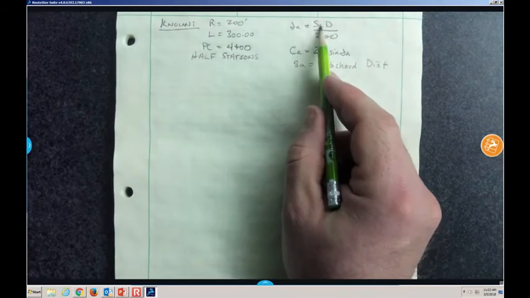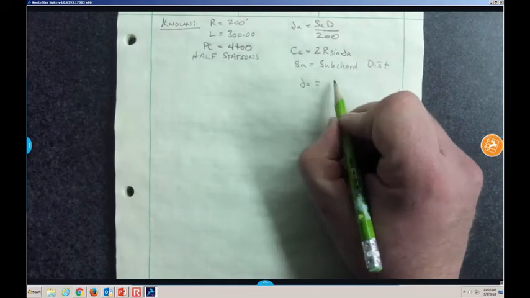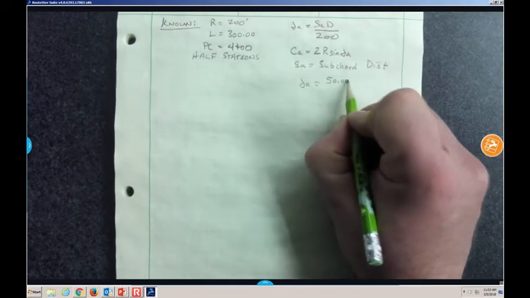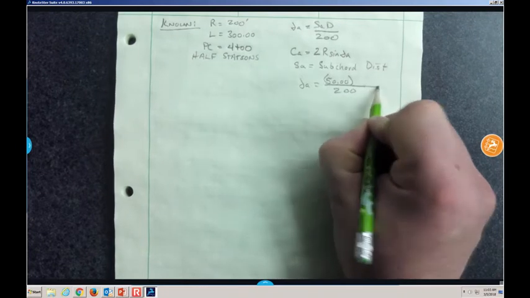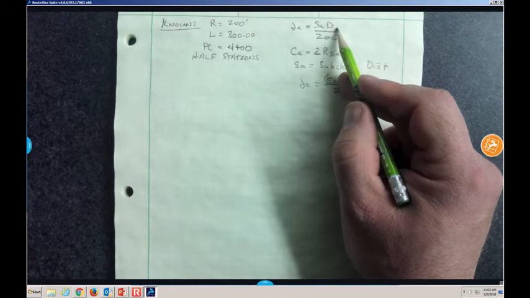Alright, so SA is half stations, right? So if I go alpha A equals, we're going to go 50 feet. What is D? Let's find that, figure that out, right?